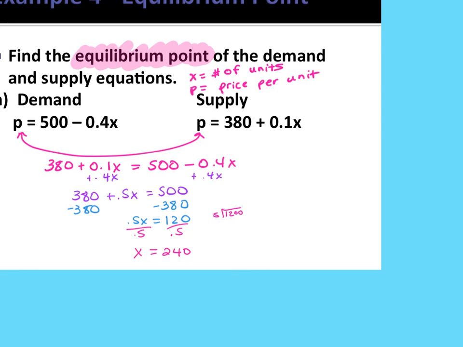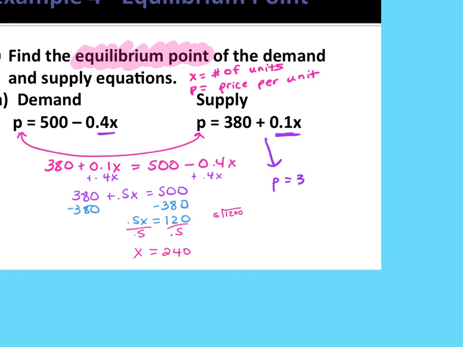To find the price per unit, I have to take that x and plug it back in. Doesn't matter which one I plug it back into. So look at your answers and look at your options. Is it easier to multiply by a 0.4 or is it easier to multiply by a 0.1? A 0.1. So I'm going to use this one.